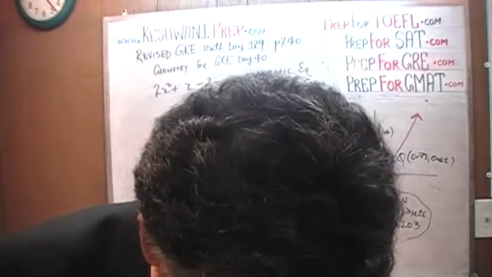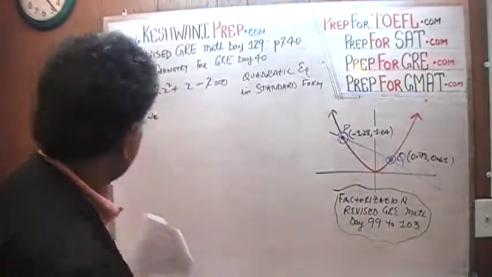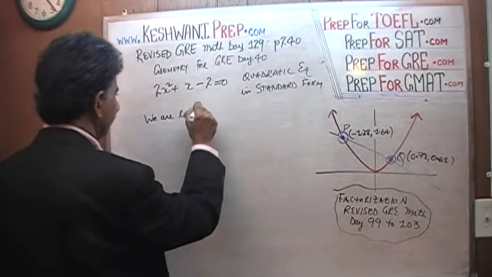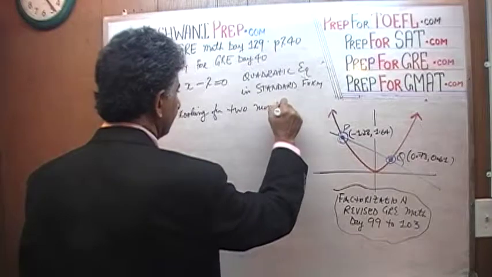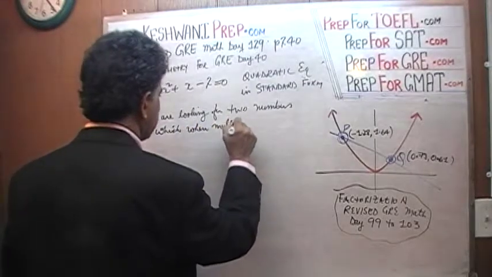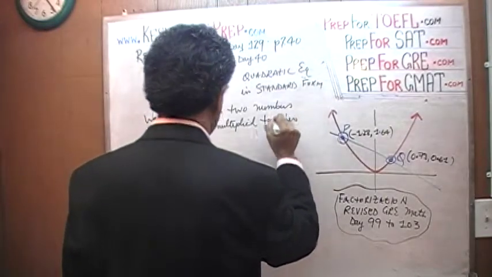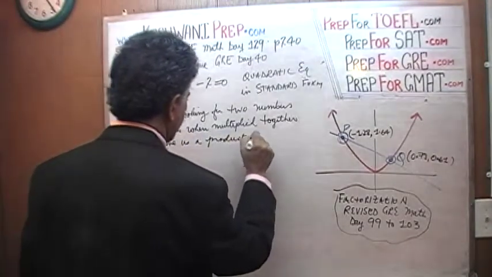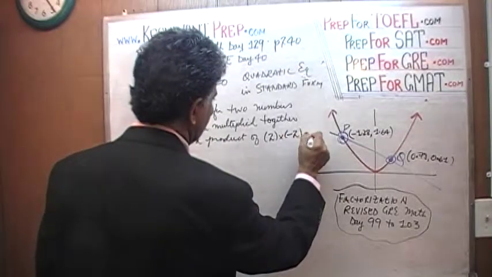To solve a quadratic equation, here's what we're looking for. We're looking for two numbers which, when multiplied together, give us a product of 2 times negative 2, or negative 4.